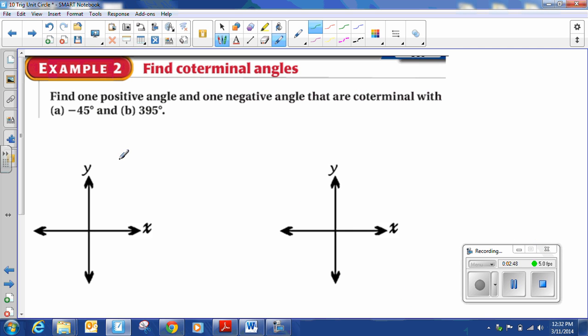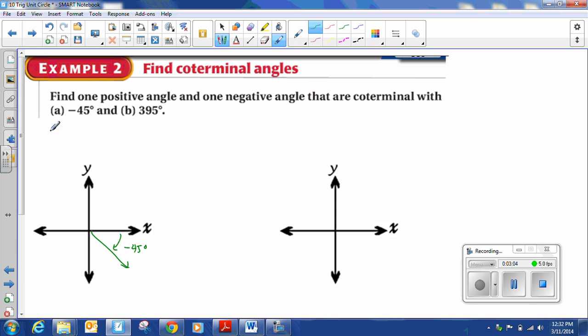So let's go ahead and find one positive angle and one negative angle that are coterminal with A, negative 45 degrees, and B, 395 degrees. So let's start off by drawing negative 45 degrees.